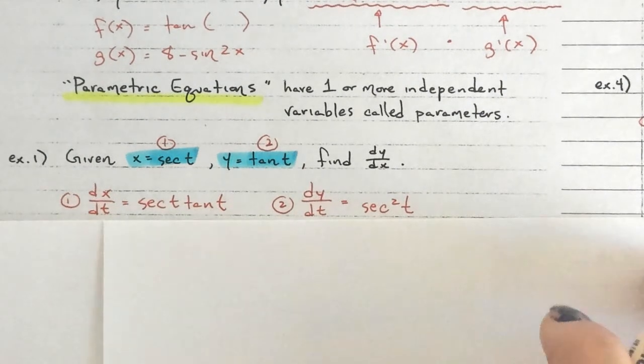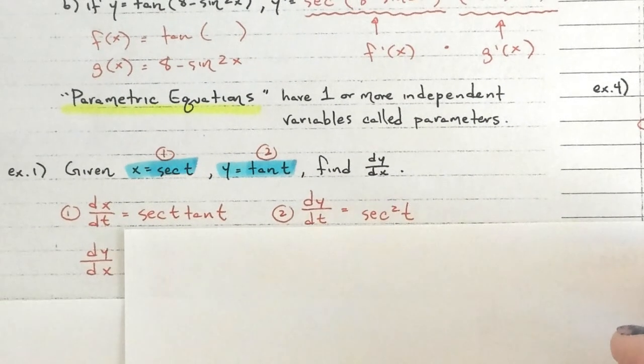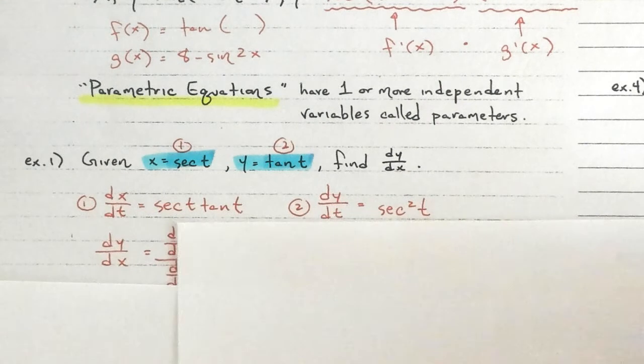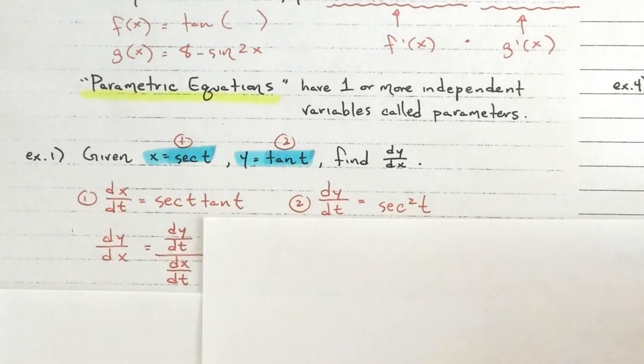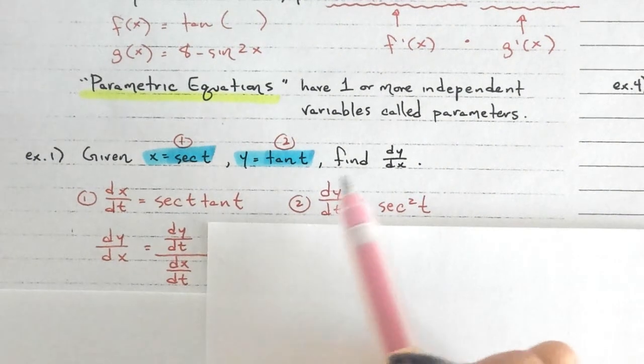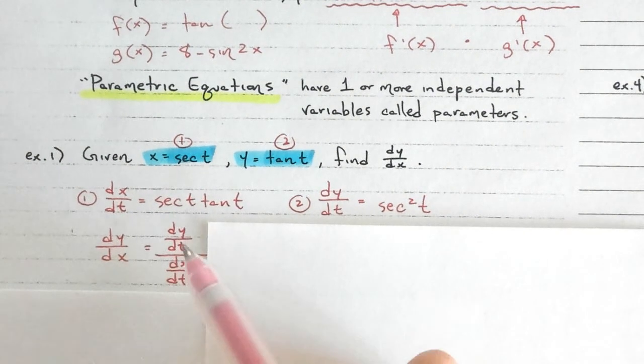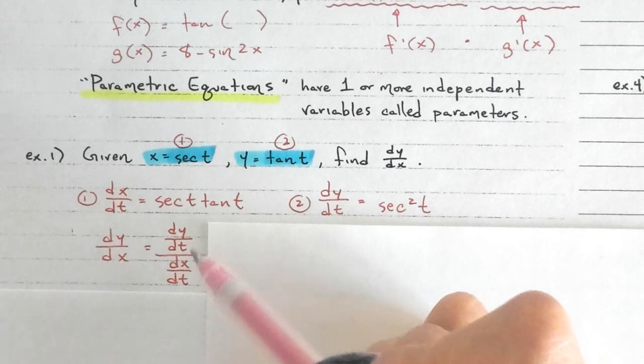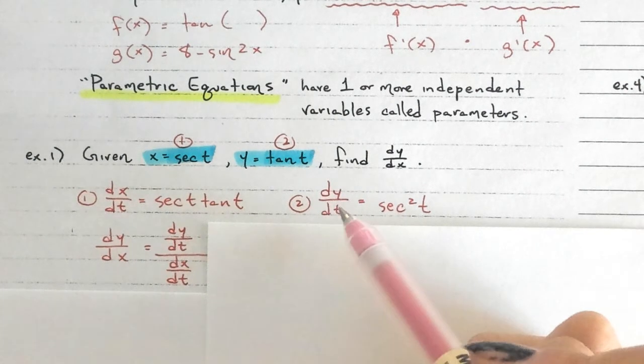Maybe we can divide away the dt's, right? Wouldn't that work? If we divide this by this, and we have the same denominators, what happens when you divide fractions? Think of this as a fraction, right?